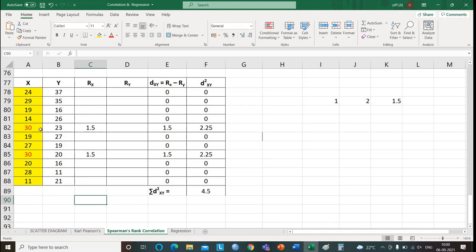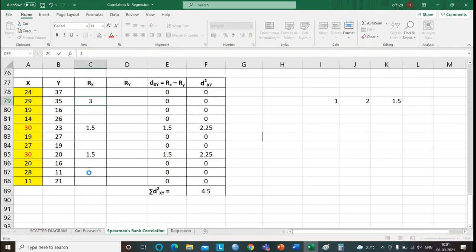Now the next highest value is 29, which is only one value. I have to give third rank over here, because first and second ranks are already finished. As per notation we write 1.5 for both of them, but the actual first and second ranks have been used.